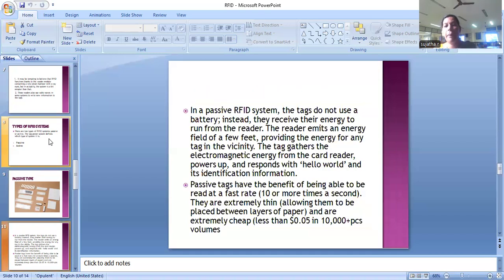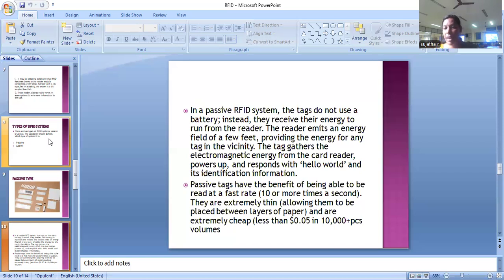First of all, in a passive RFID system, the tags do not use a battery. Instead, the tag receives its energy to run from the reader. The reader emits an energy field of a few feet, providing energy for any tag in the vicinity. The tag gathers the electromagnetic energy from the reader, powers up, and responds with a hello and its identification information.